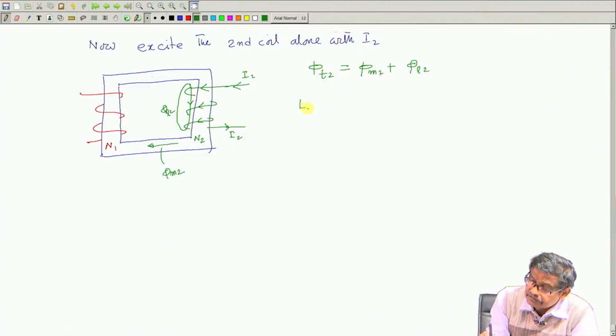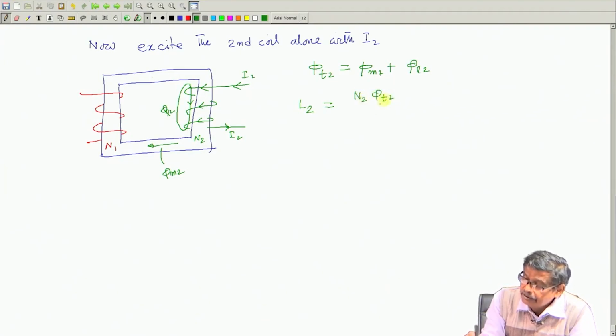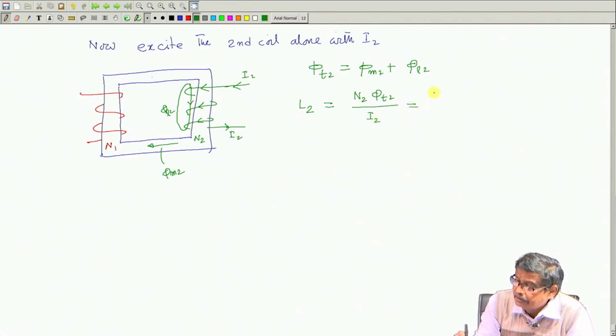Second coil is only carrying current. Then self inductance of the second coil will be flux linkage with the second coil when the second coil carries 1 ampere current, that is per unit ampere current, I2. I will write it like that, and these will have two components, N2 phi m2 by I2 plus N2 phi L2 by I2.